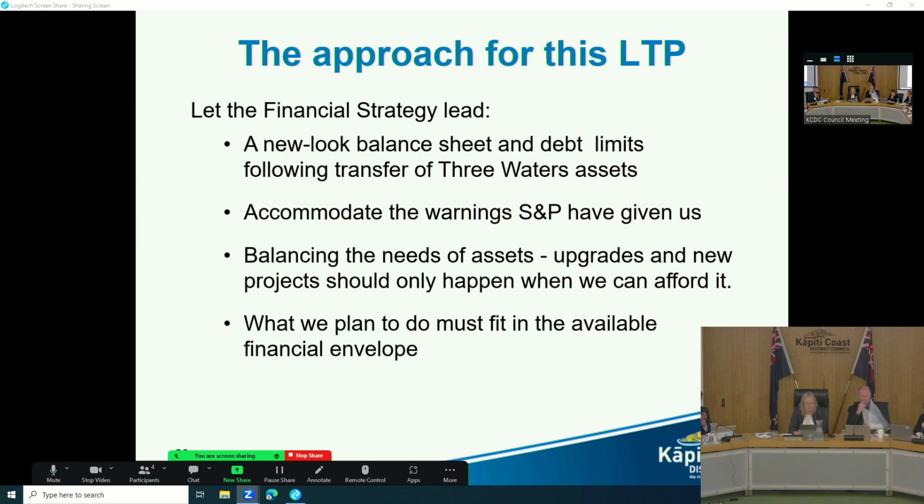We will need to accommodate the warnings that Standard & Poor's have given us. So there's, like I mentioned before, probably a little bit of haircutting. They're going to want to see that prudence flowing through. Balancing the needs of assets, upgrades and new projects, preferably only happening when we can afford them, and fitting into the financial envelope.